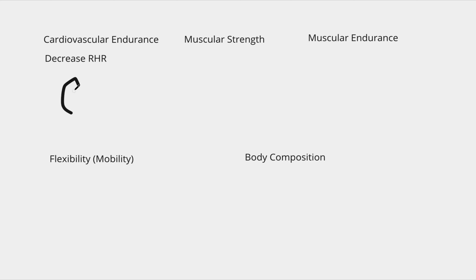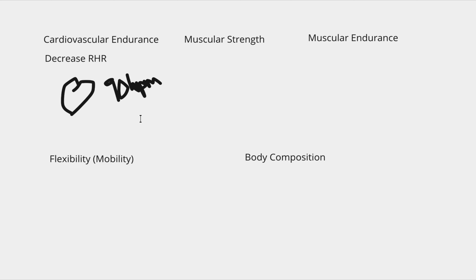So if your heart is, look at this beautiful heart, all right, if it is pumping at around 90 beats per minute at rest, it is working too hard. All right, and so is my artwork right there. So if it is working at 90 beats per minute, it's working too hard at rest. So your goal is to try to decrease your resting heart rate with your cardiovascular endurance.